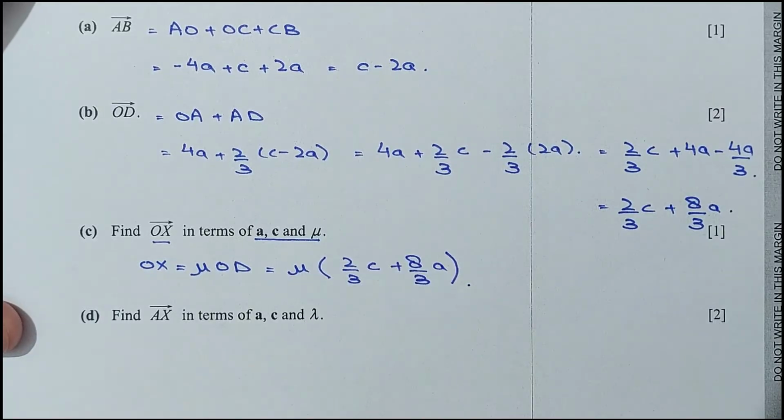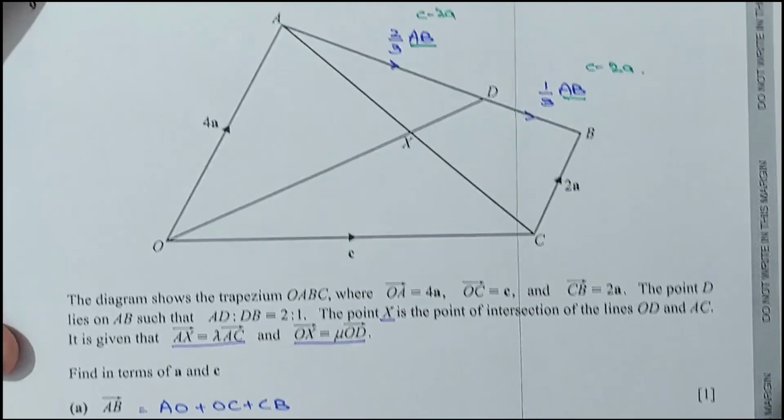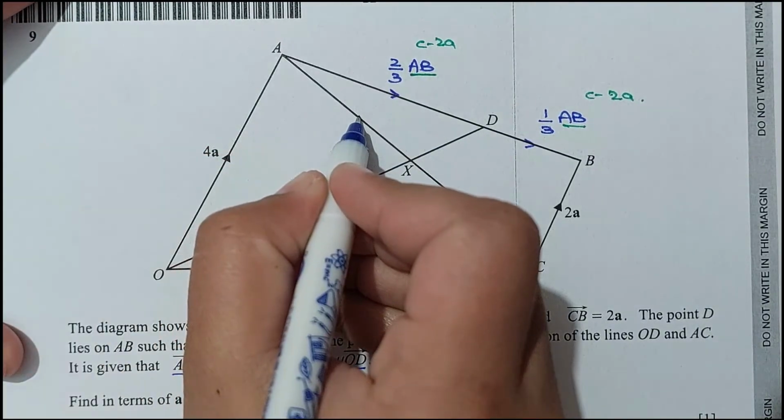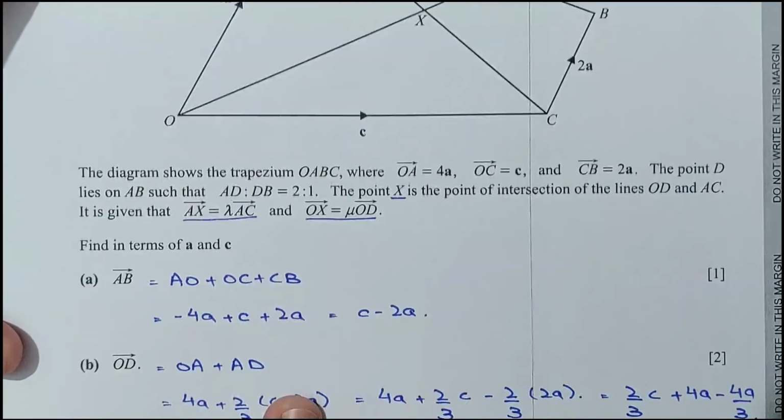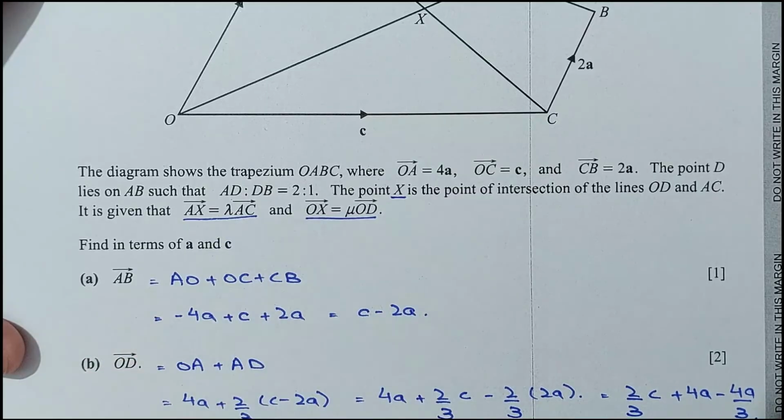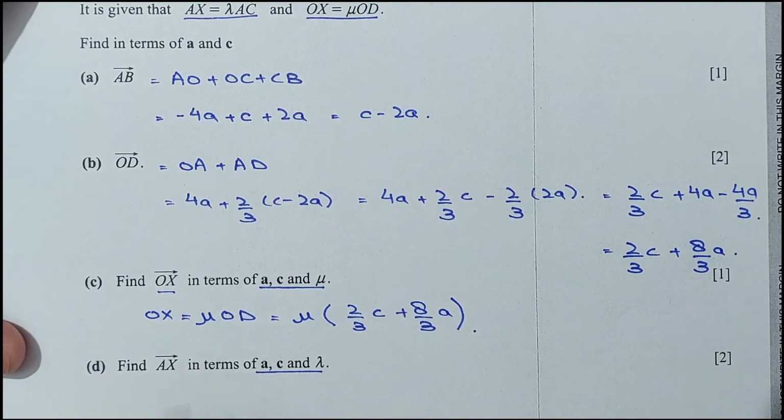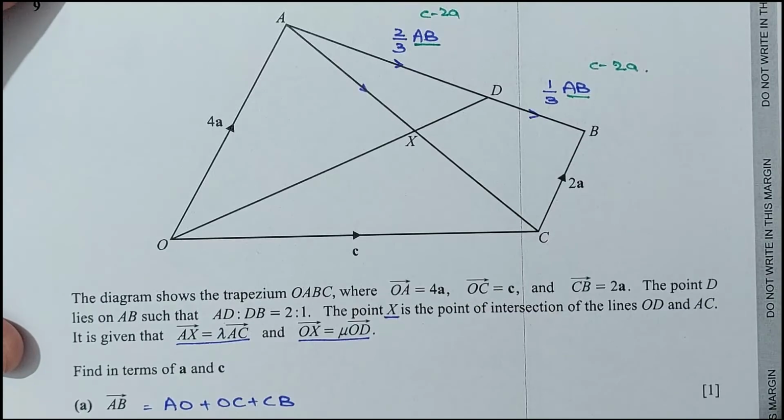Now for part d, find AX in terms of a, c and lambda. A to X we have to find. AX is lambda times AC. Now what is AC?